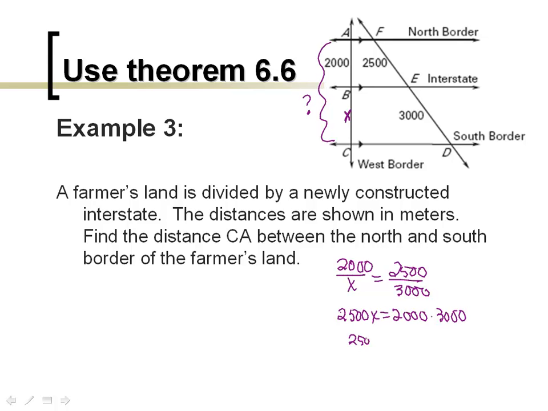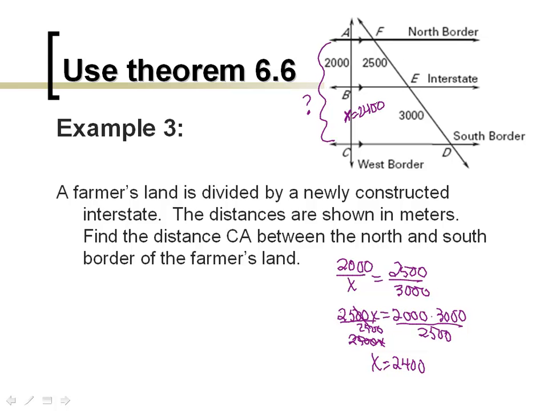That's quite a lot to multiply, so let's just divide both sides by 2,500, then I'll put it into the calculator all at once. So x equals, multiply those two and divide by 2,500, and you've got 2,400. So x up here is 2,400.